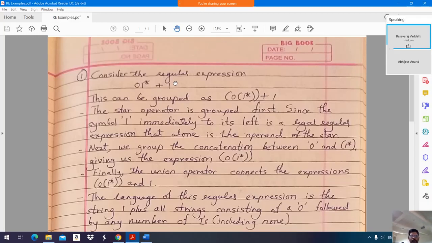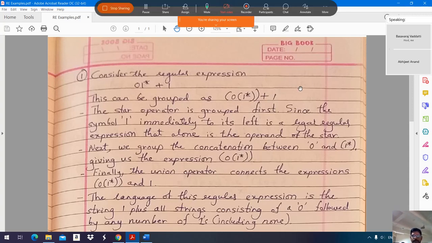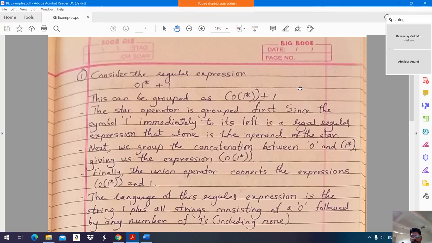Anyone would like to tell what is the language represented by this regular expression? Yes, please. What is the language represented by this regular expression?